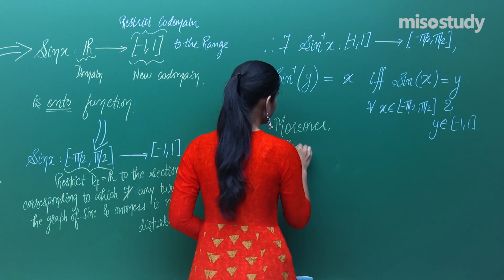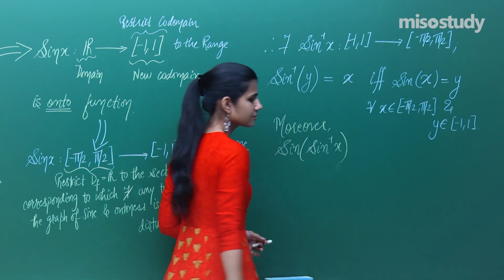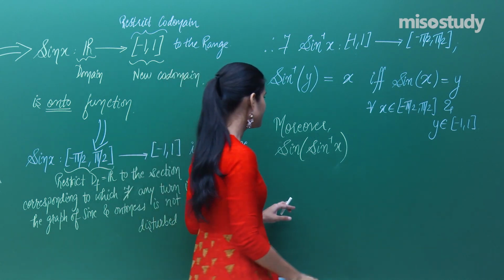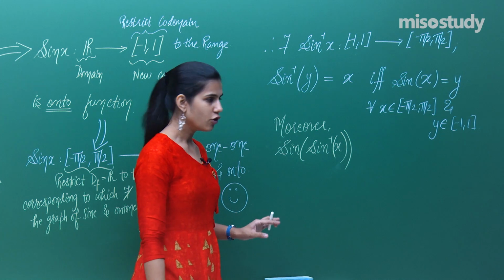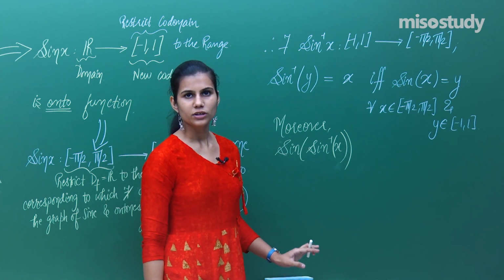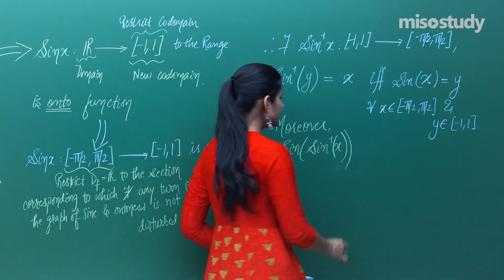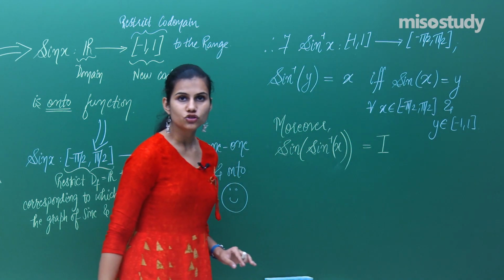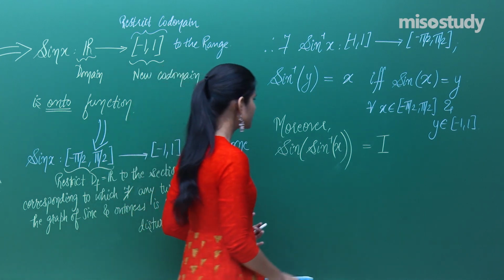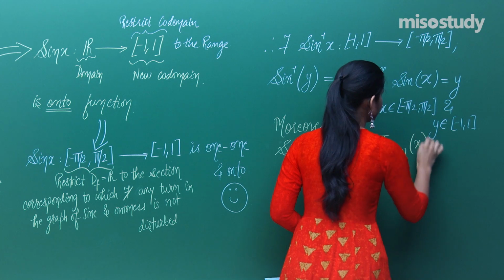sine of sine inverse x, what will that become? I am talking about f o f inverse. This is equal to identity function on the range of f, which is minus 1, 1, this map applied to x.